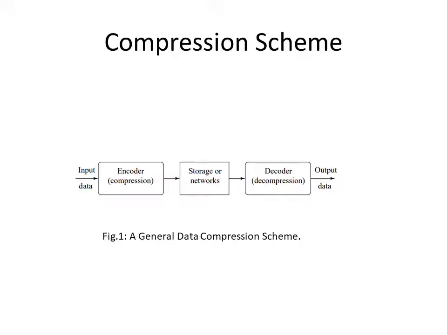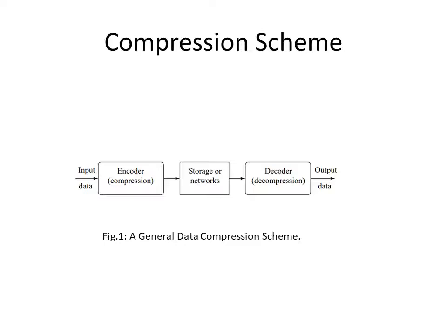Compression is also used where you have a large amount of data and a restricted amount of storage facility, and to make optimum use of storage, you do the compression, in which you only store the data which is relevant, and what is irrelevant does not get stored, so that it does not cover up the storage space. For us, we are looking at that sort of compression where the data is sent over the networks.